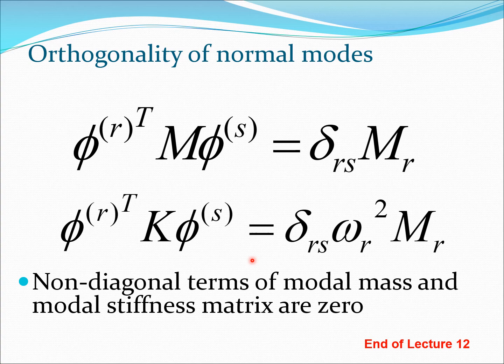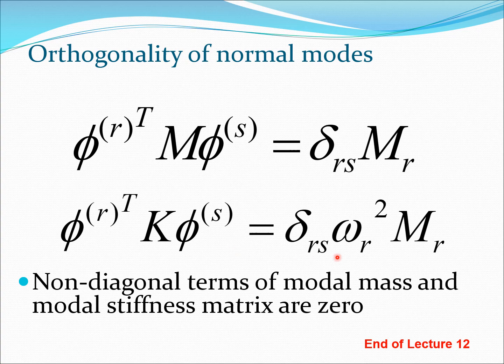And there are a lot of practical implications of this, which we will see in later lectures. Essentially, when we typically derive mass and stiffness matrices for any multi-degree of freedom system, they are fully populated or substantially populated matrices, I should say. And so when you apply the normal mode transformation to them, this particular thing we are doing here, the phi r transpose into the matrix into phi s is known as the normal mode transformation.